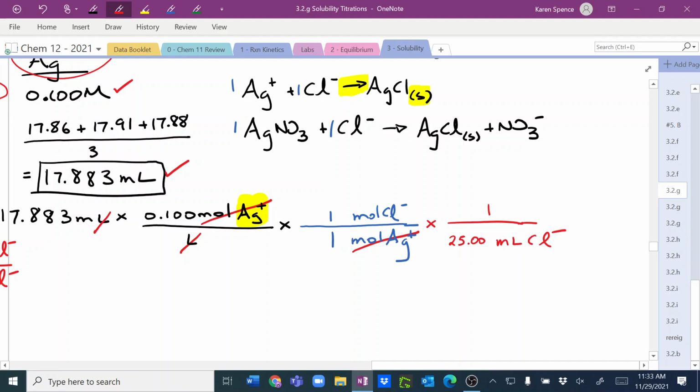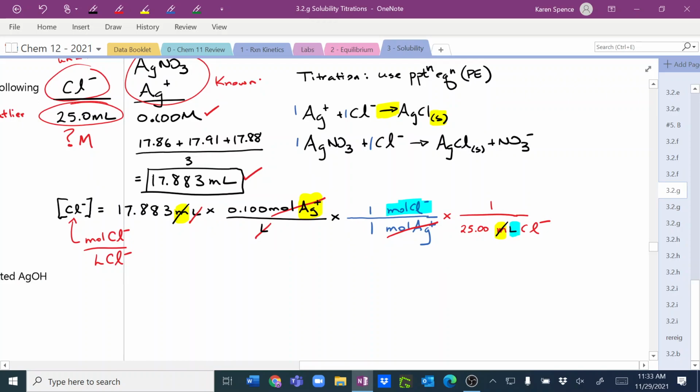And remember I said I could worry about those millis later? I got milli here and milli here. If I do it all in one line, I don't actually have to convert my millis because they cancel out. And all I am left with now is moles of chloride per liter. 17.883 times 0.1 divided by 25 is 0.07153.